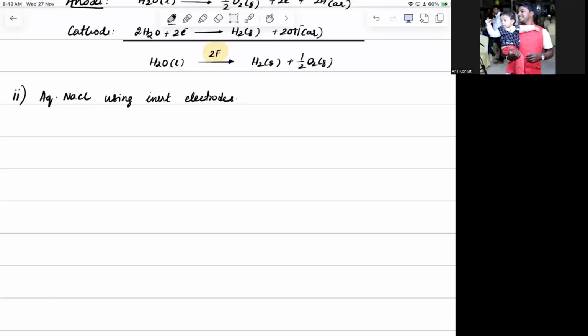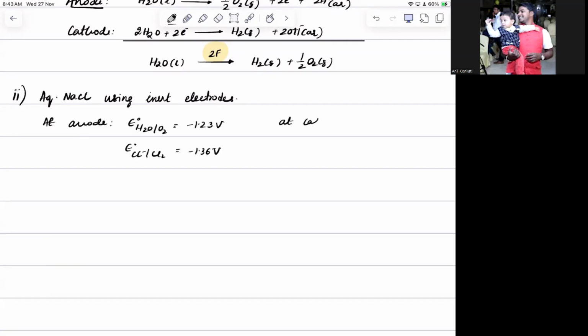So based on that, at anode, what are the reactions that are competing? At anode, the reactions that are competing are E naught H2O to O2, which is minus 1.23 volts, and E naught of Cl minus to Cl2, which is minus 1.36 volts.